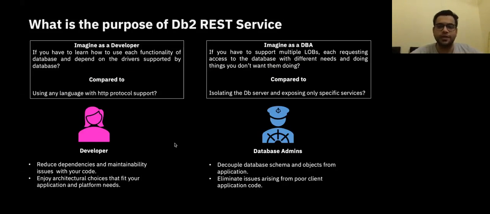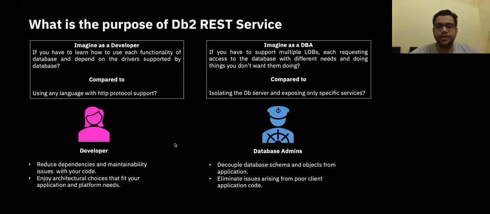Similarly, in the case of DBAs, which is much more interesting to see, a DBA is supporting multiple lines of business, and each of the lines of business is requesting access to the database. Now, what could happen in that kind of situation is the lines of business and the SQL writers in those lines of business can do a lot of things that you don't want them doing with your database.